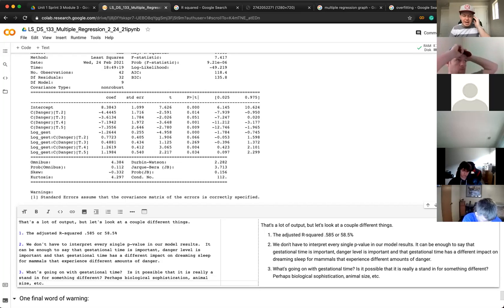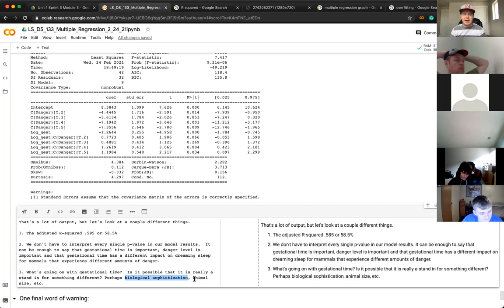It's not necessarily, and this is why we have to be careful about saying causality, right? The longer gestational time is not causing them to dream for longer when they're sleeping, right? But it's related to them dreaming longer when they're sleeping. And maybe that relationship really happens through some other lurking or confounding variable that we're not accounting for yet because we don't have it in our data set. We don't have like biological sophistication in our data set. We might have animal size. Okay, so we could explore that next. That might be where I would go next with some of my experiments here.